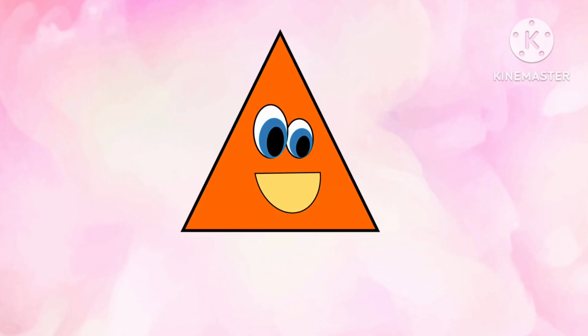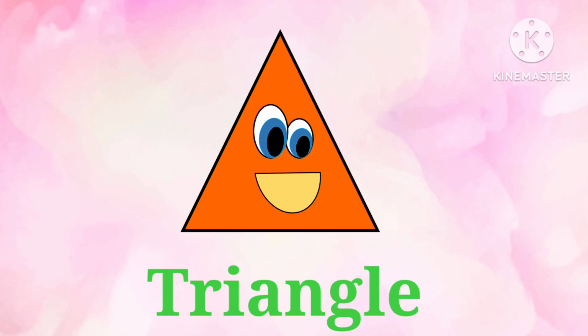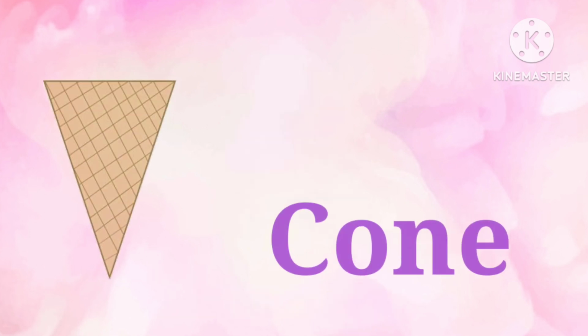Now, the next shape is triangle. A triangle has 3 sides. Let's count. 1, 2, and 3. Let's have a look some examples of triangle.